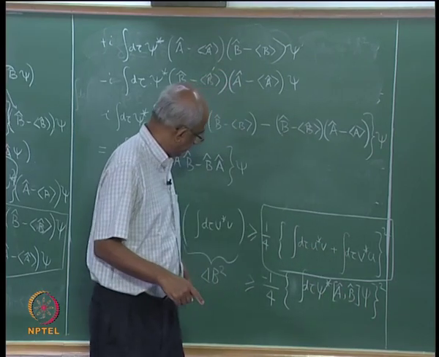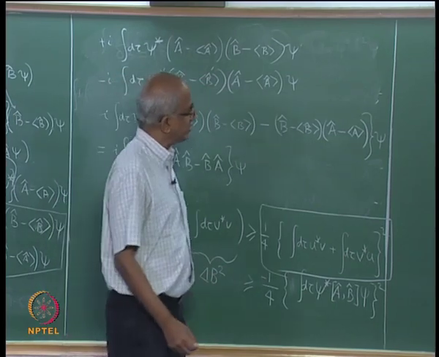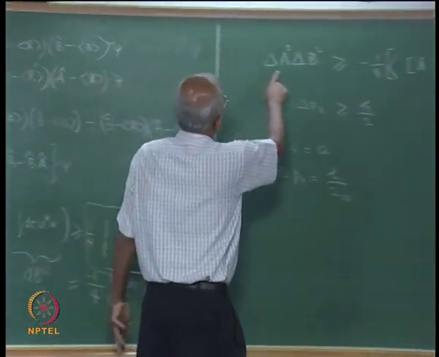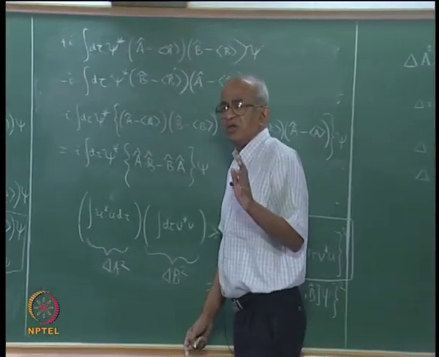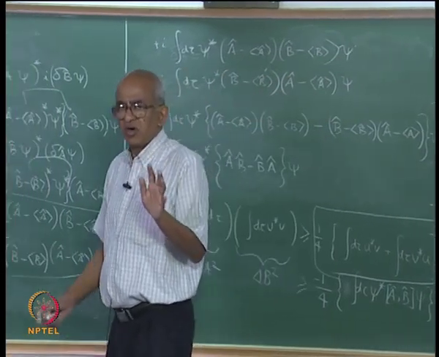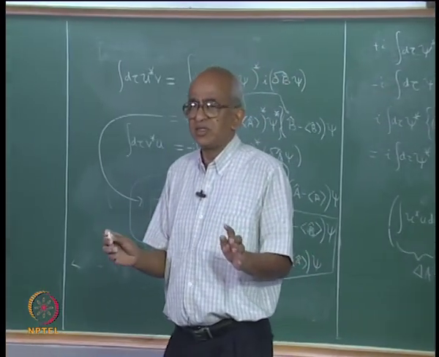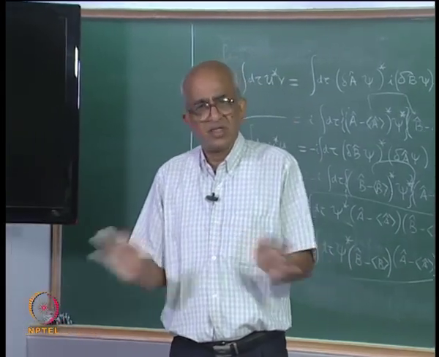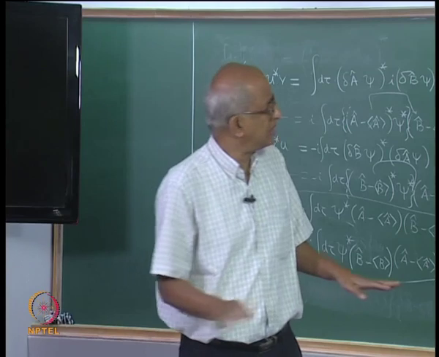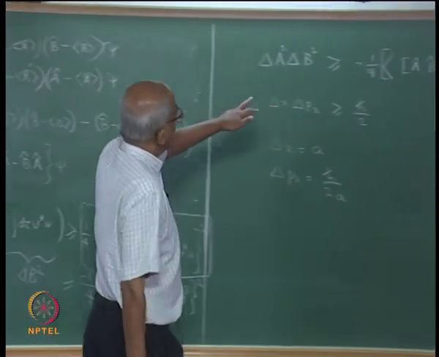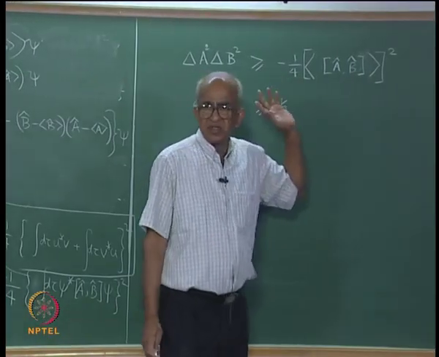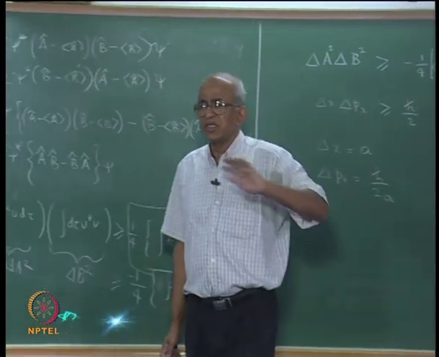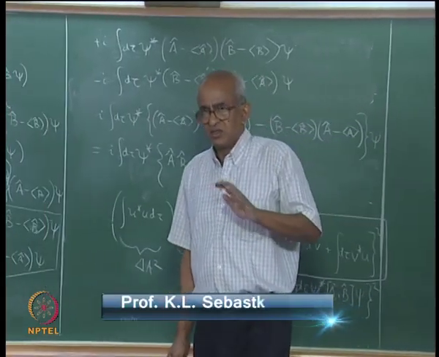And you should realize that this is a very general thing. What does it say? It says that give me any two operators in quantum mechanics, and it does not matter what the state of the system is, it can be any state of the system. This inequality has to be valid, and this is extremely general.